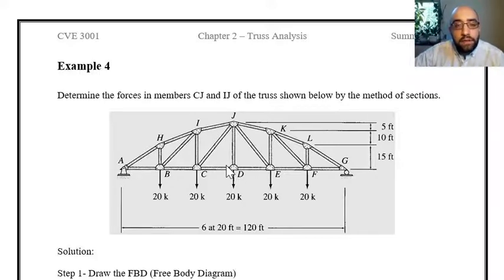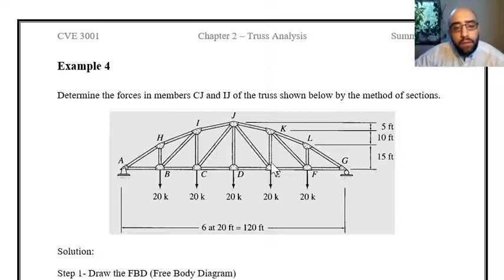But just have it in mind about the general form of questions in truss analysis, whenever it is asking about some specific members, we have to use the method of sections to answer the question and also save a great amount of time because, as you know, the method of joints is going to take much more time because we have to solve all the joints and find the forces in all the members in the truss.